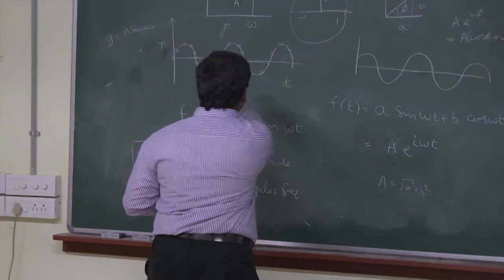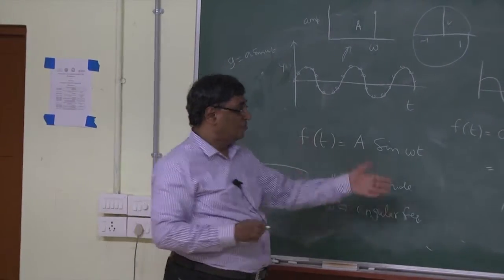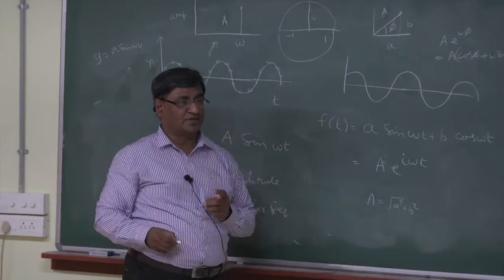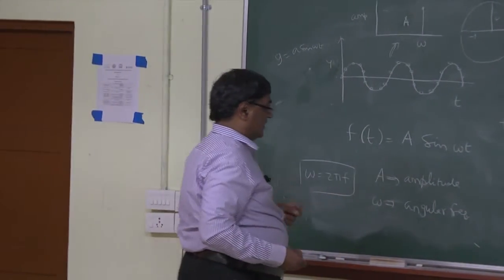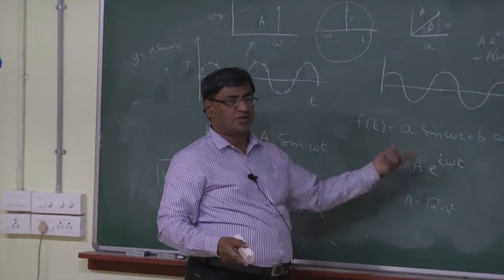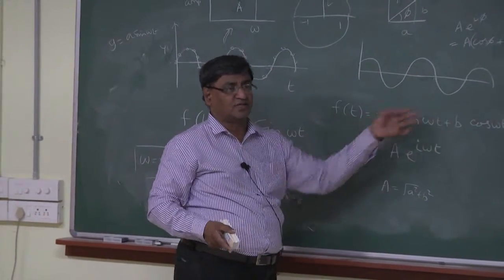But the energy that is remaining in the wave is the same. Total energy is the same. The total energy therefore becomes the square of the real part plus the imaginary part. So one can represent any function as an amplitude times e to the power i omega t. e to the power i omega t is a way of combining sine and cosine together.